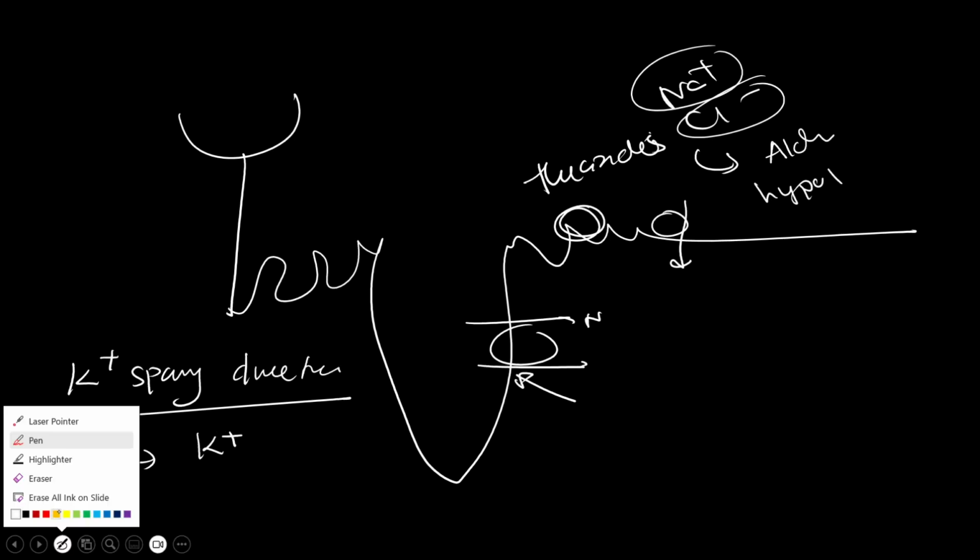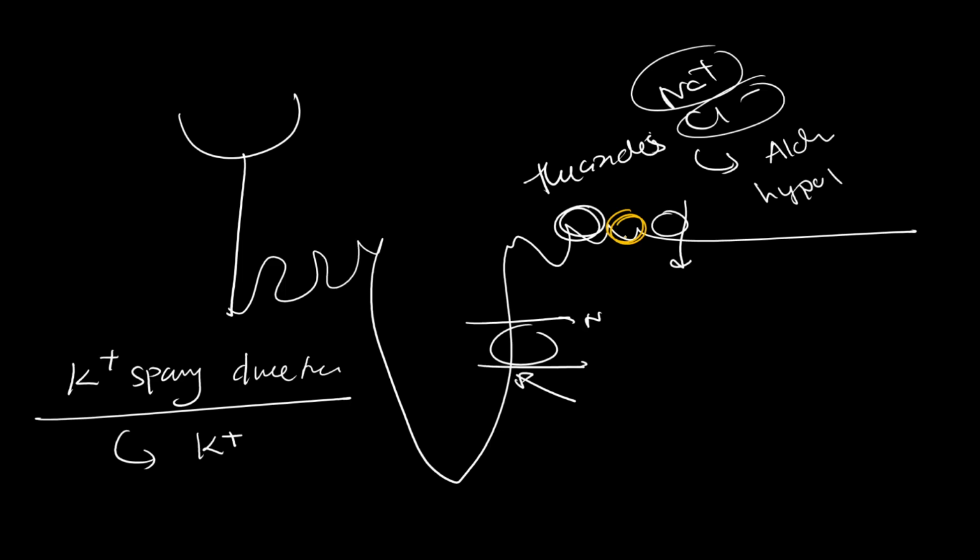Now there are intercalated B cells which have a protein channel where potassium is reabsorbed and hydrogen ions are secreted, right?